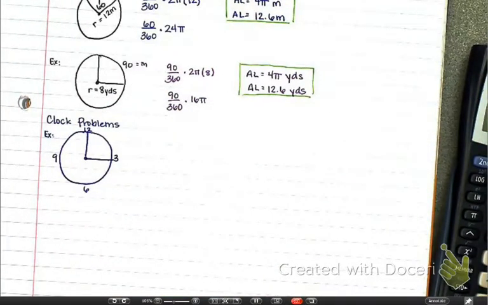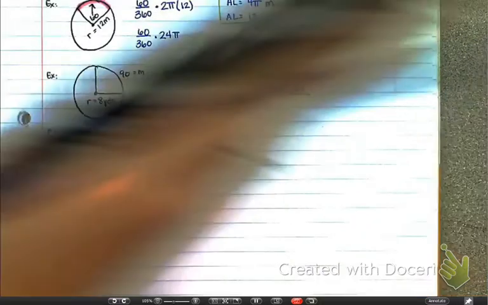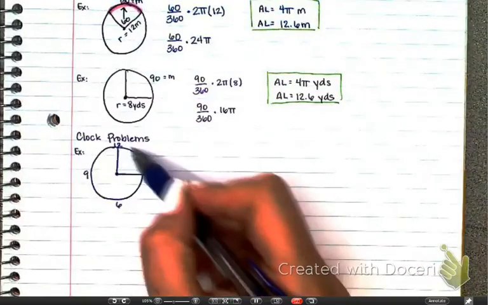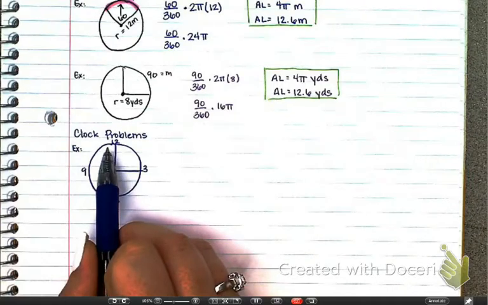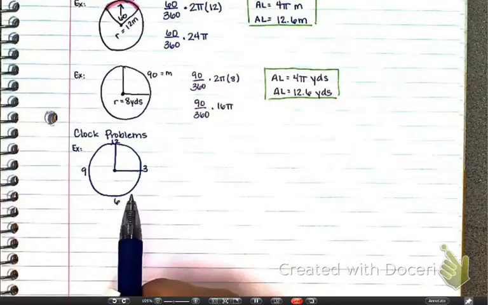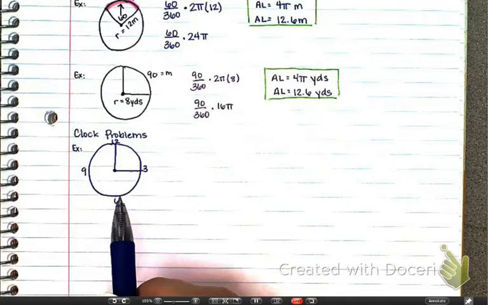So we're going to look at this piece here. Now we're finding the length of the arc. However, we have to think about the minutes that are involved. So how many minutes do I span going from the 12 to the 3? 15. It doesn't matter what the hour is.